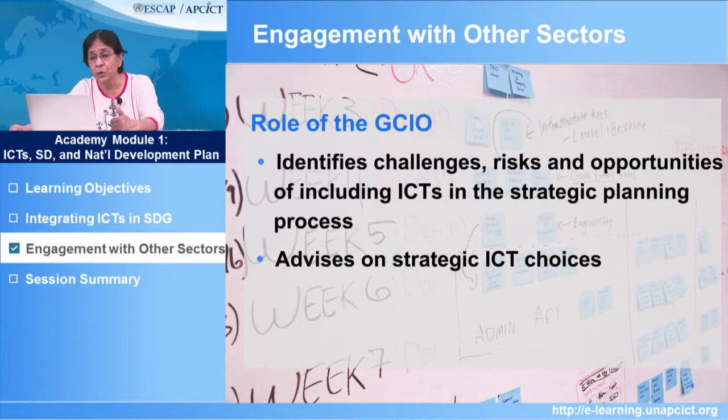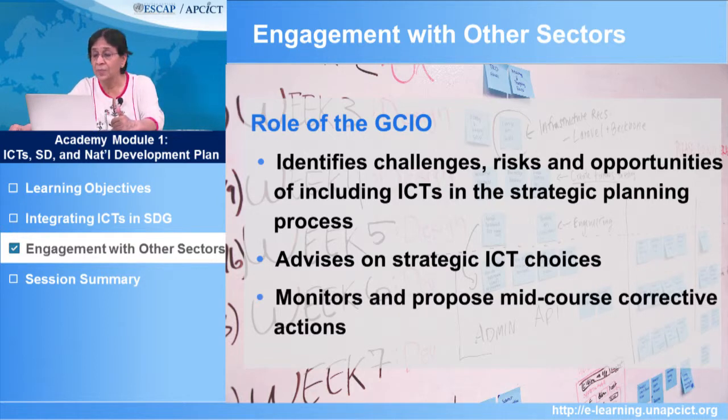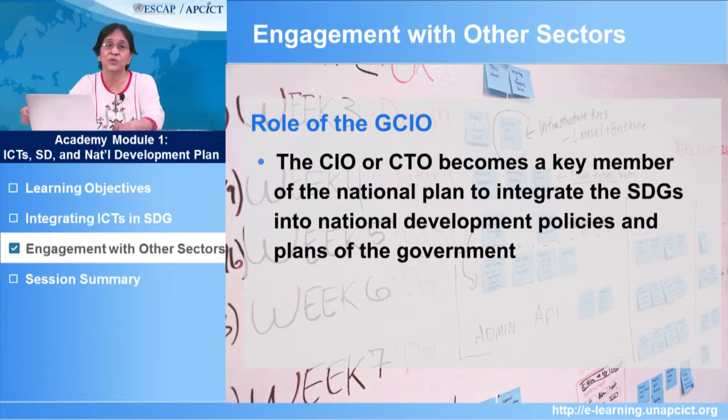The GCIO can also advise on strategic ICT choices among the many options available to government, can monitor and propose mid-course corrective actions. The CIO or CTO, Chief Technical Officer, becomes a key member then of all the national plans to integrate SDGs into national implementation policies and plans of the government.